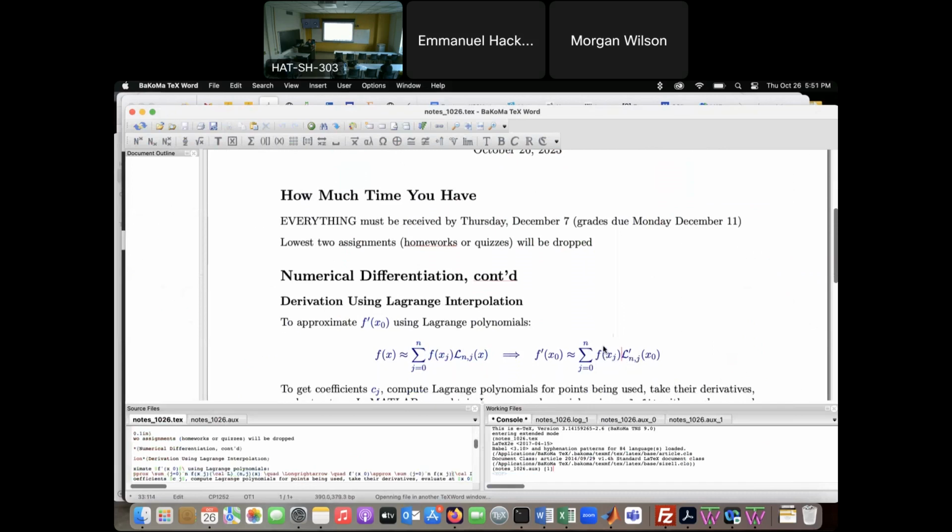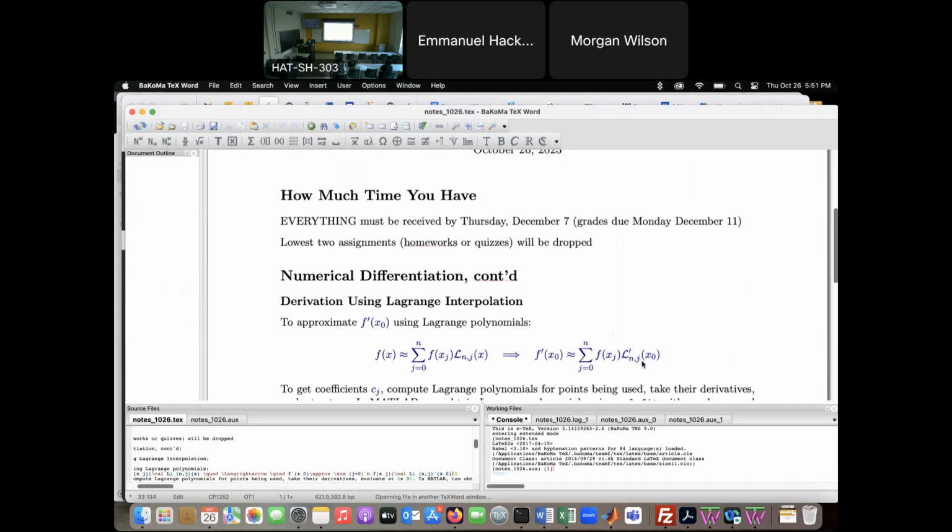The thing is, I've been describing an approximate derivative as a linear combination of values of f at select points. So the coefficients of the linear combination would be the derivatives of the Lagrange polynomials at the point that you want, at x naught.